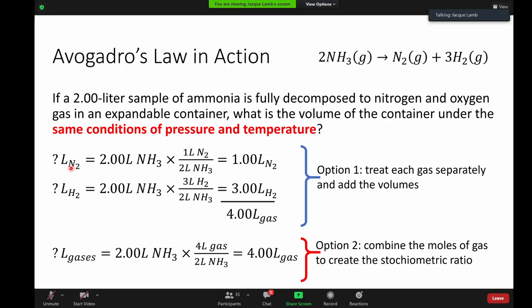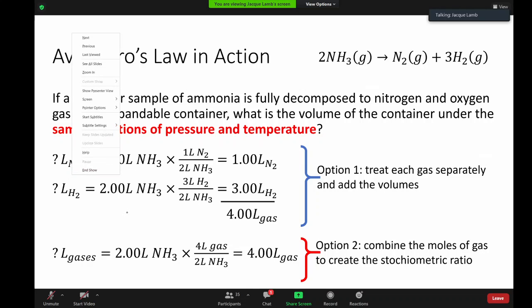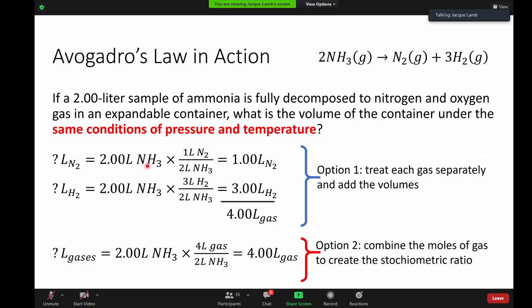You can ask the question, how many liters of nitrogen would be formed from 2 liters of ammonia, and determine that based on the molar ratio from the balanced equation, you would get 1 liter of nitrogen. And how many liters of hydrogen would you get from the decomposition of 2 moles of ammonia? It's 3 to 2. You would get 3 liters. So you would total 4 liters of gas.